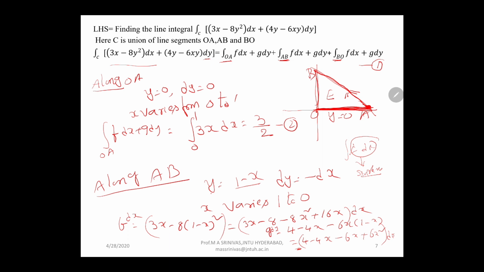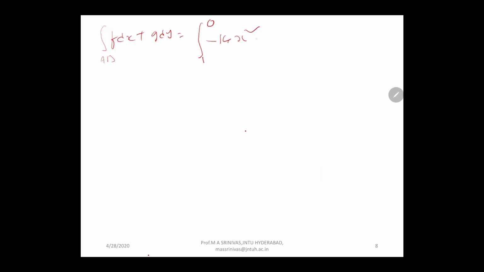Let us see the constant also. Here I have minus 8. This is minus 4, minus 12. So this is 29x minus 12 dx. Now integrate. I'll multiply with minus so that I can have 0 to 1 as the limits. So it is 14 x cubed by 3 minus 29 x square by 2 plus 12x after substituting the limits.